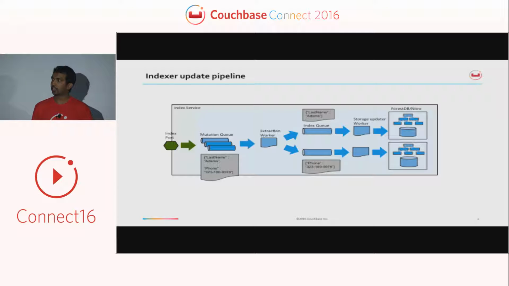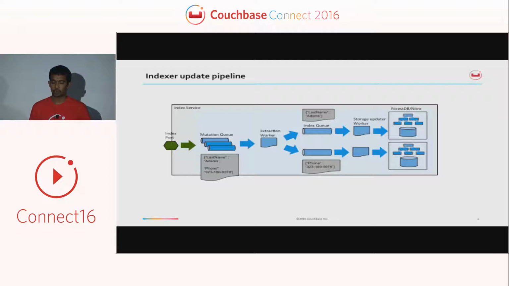So based on the index metadata, it extracts the corresponding changes that need to be applied for each of the indexes, and puts them into a mutation queue. And from the mutation queue, it is moved on to the corresponding index storage engine.